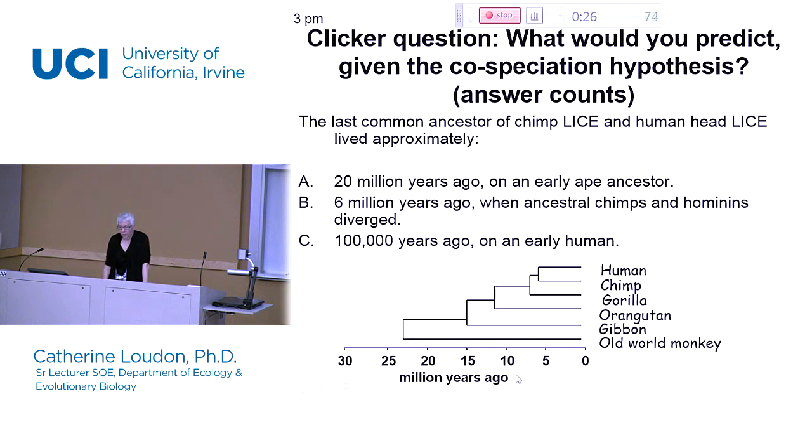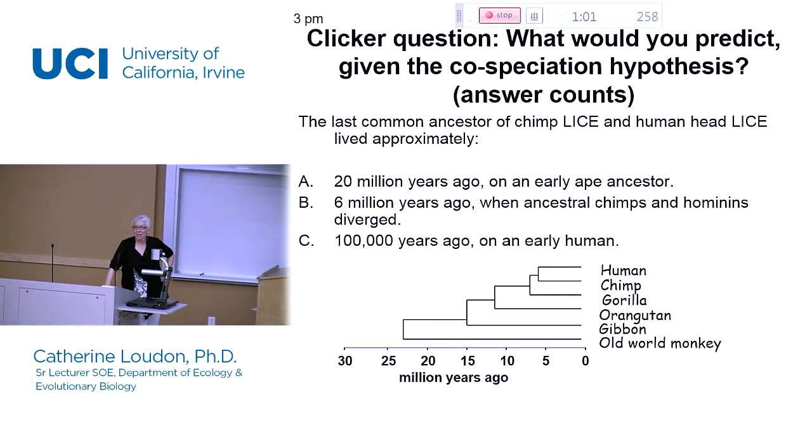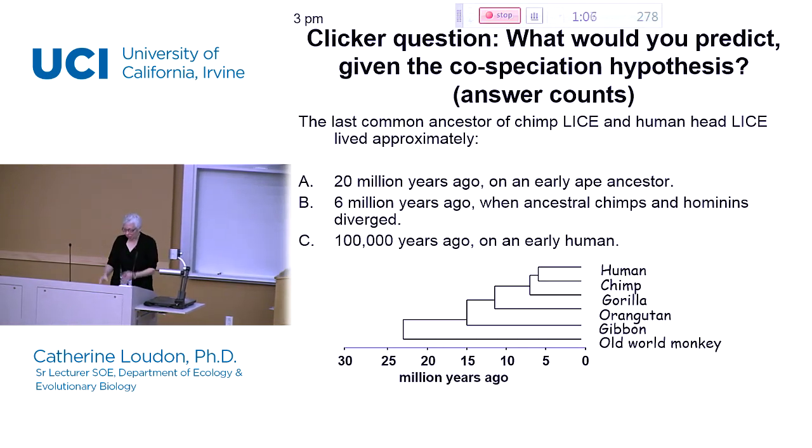Given the relationship between humans and all of the various other primates shown here, when would the last common ancestor of chimp lice and human head lice live? I wrote lice in all capitals, so we're talking about the lice themselves, not the primates. Twenty million years ago, at this point on the graph? Six million years ago? Or 100,000 years ago? If you're not sure about the logic, this would be a great time to chat with your neighbor. Be friendly. If you don't know them, say hello, my name is, I have no clue, what do you think? I'll give you 30 seconds or so and then check in with you.